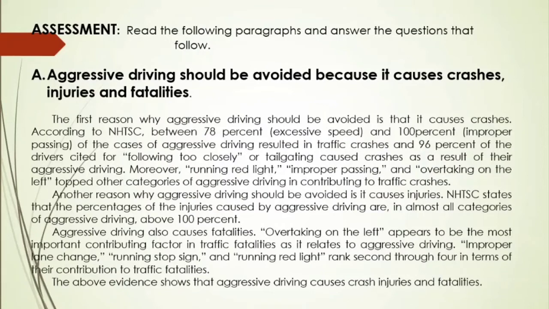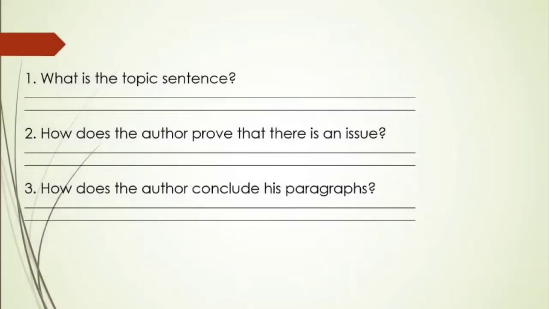The above evidence shows that aggressive driving causes crashes, injuries, and fatalities. After we have read the paragraph, we're going now to identify what is the topic sentence. When we say topic sentence, it is the main idea of the paragraph that you read. Next, how does the author prove that there is an issue? And the last one, how does the author conclude his paragraph?